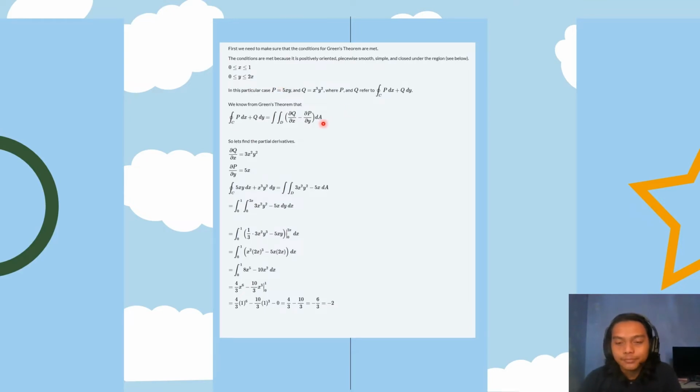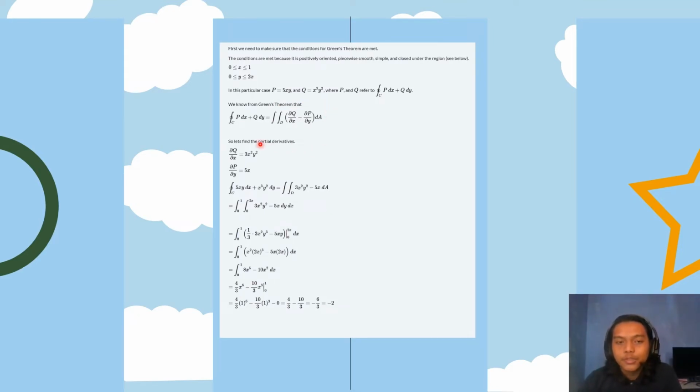So next, as we all know, the general equation for Green's theorem is the single integral of P dx plus Q dy equals the double integral of the partial derivative of Q with respect to x minus the partial derivative of P with respect to y. So first of all, we need to find P and Q. Based on the questions, we get P is 5xy and Q is x cubed times y squared.